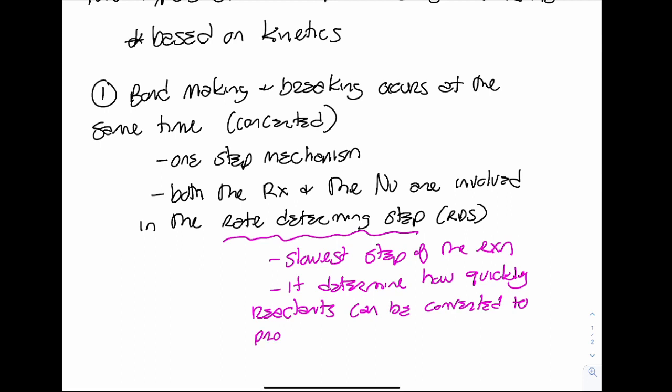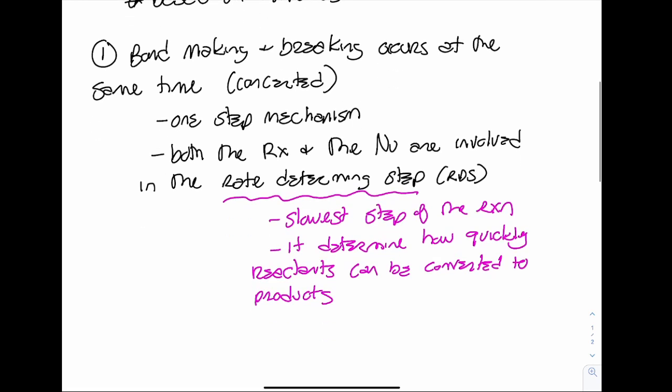Since these reactions only occur in one step, that one step has to be rate determining. There isn't any other option. So it determines how quickly reactants can be converted to products. Since both the alkyl halide and the nucleophile are involved in this one step, both are involved in that rate determining step.